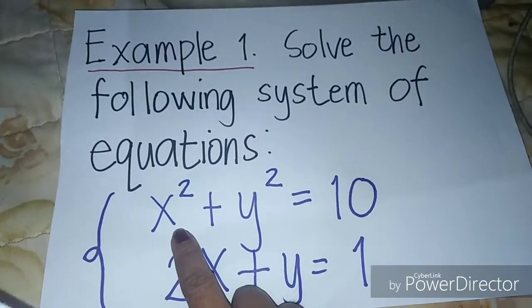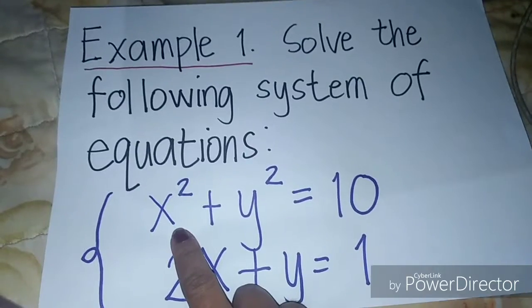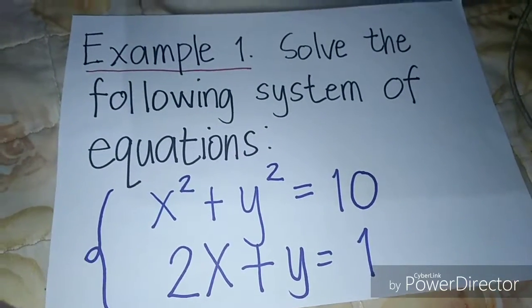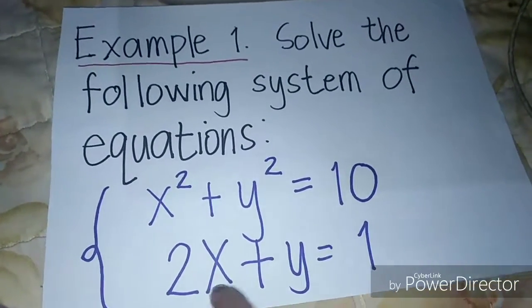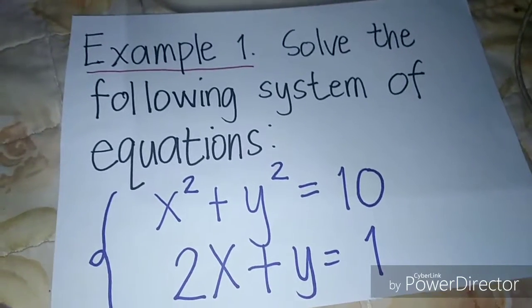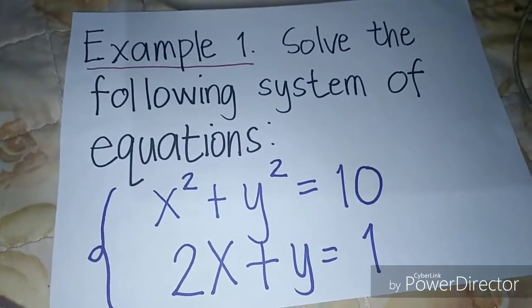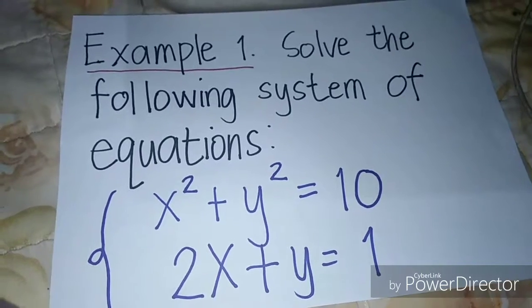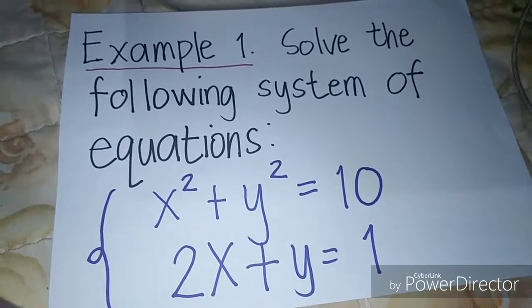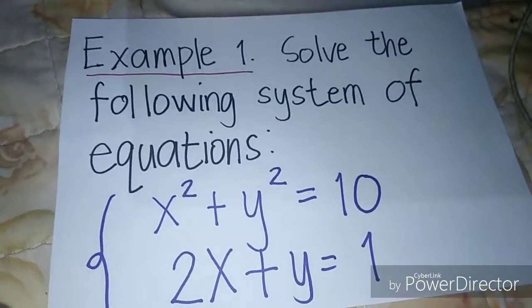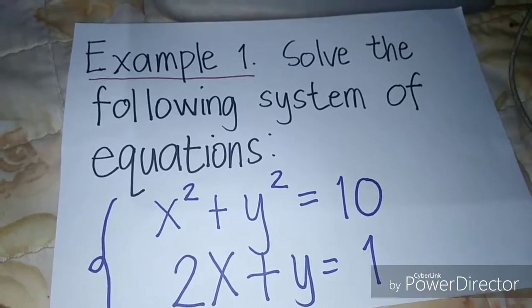Both of the variables x and y are squared. In the second equation, both of the variables x and y are raised to the first power. In other words, there is no way that we can use the elimination method here. Instead, we are going to use the substitution method.